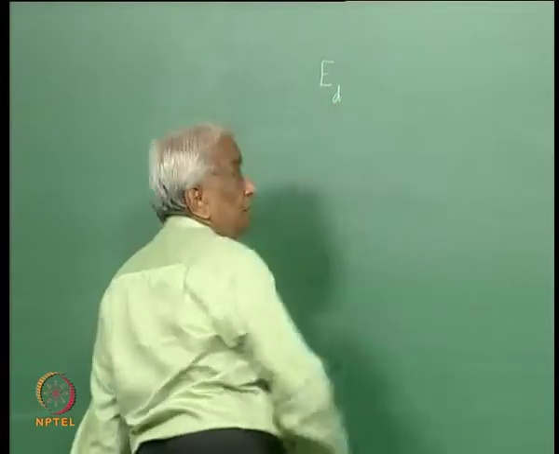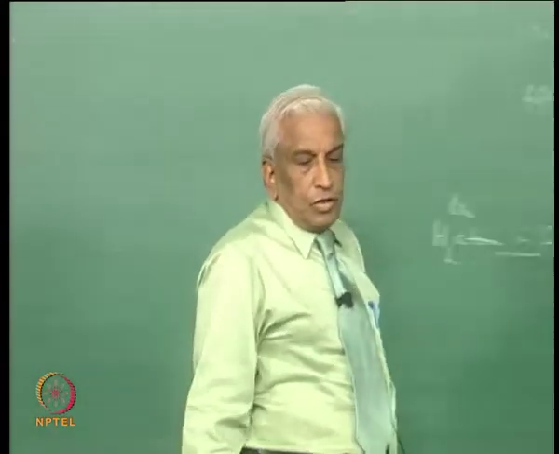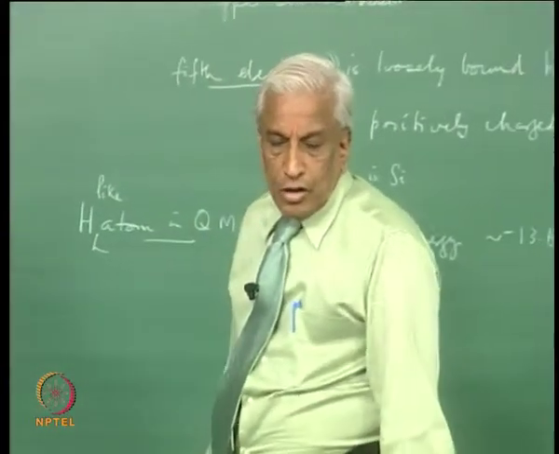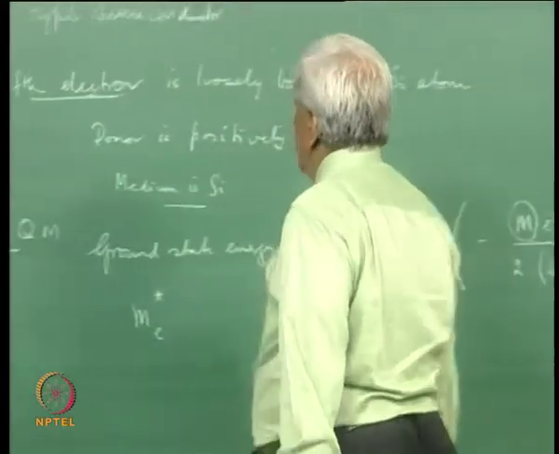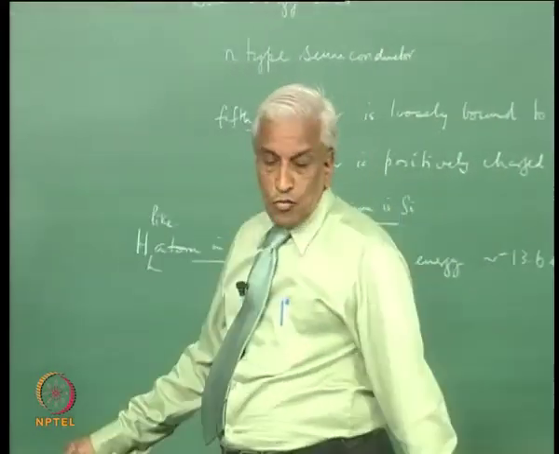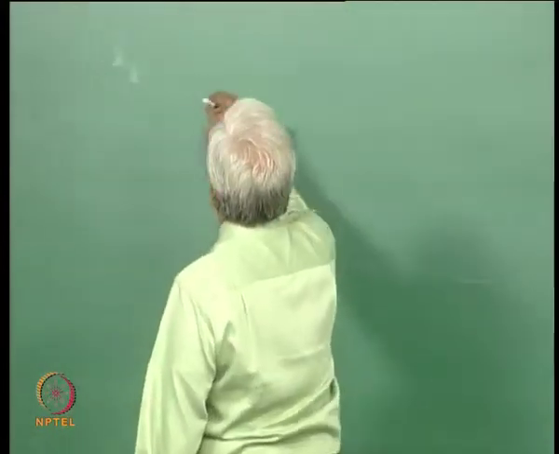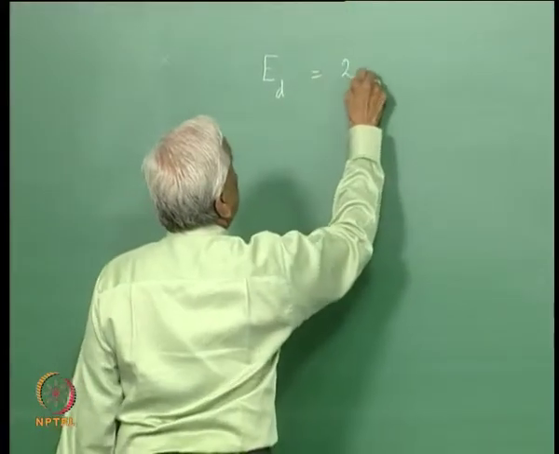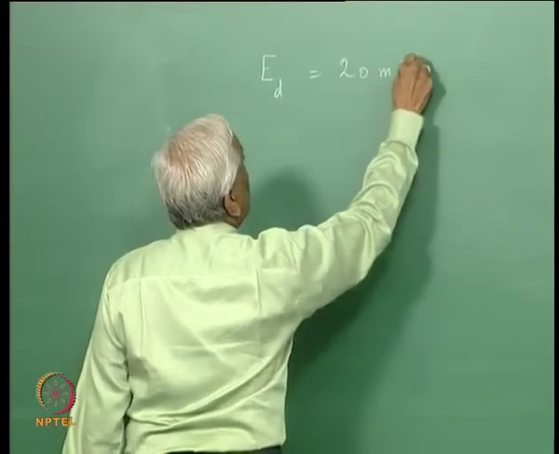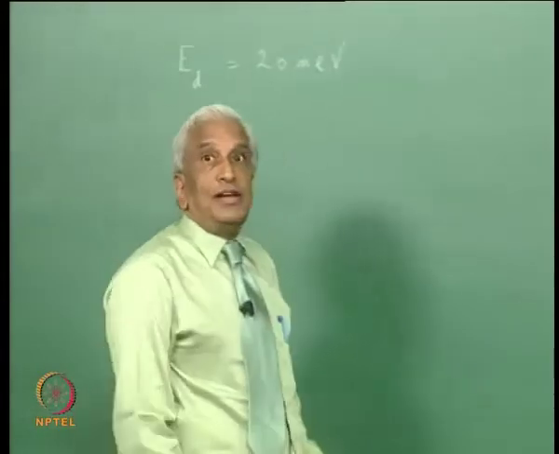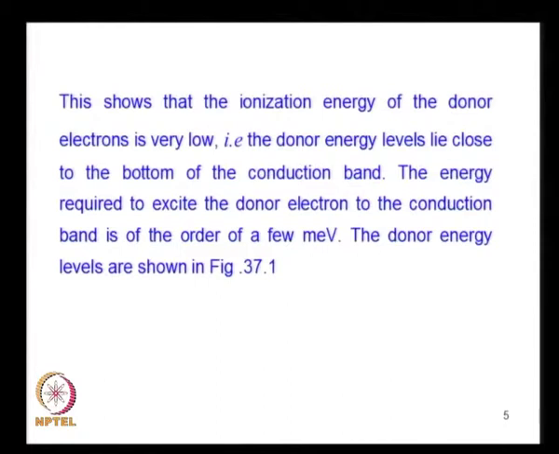So, this works out to be E d, the energy of the donor atom, using the well known result for hydrogen atom, the 13.6 electron volts. This works out to be 20 milli electron volt, which is an extremely small quantity, and the Bohr orbit is also rather large.